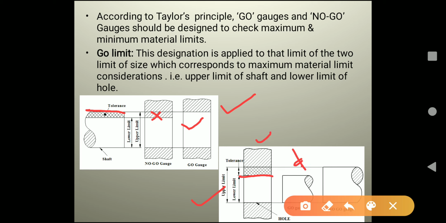For checking the diameter of a shaft, it is a go gauge because it is checking the lower limit. So the smallest limit is checked by this type of gauge, that is, the go gauge. And for no go, the maximum diameter or the extra diameter will not pass through this type of gauge. So it is called the no go side.